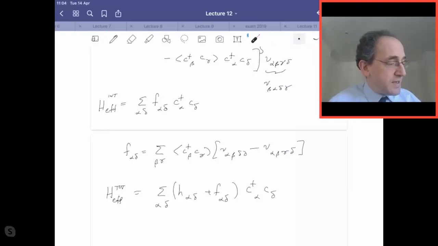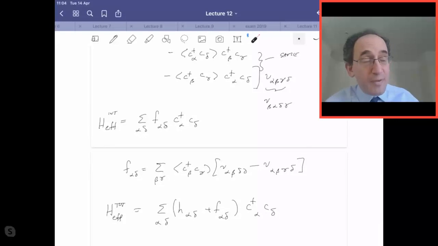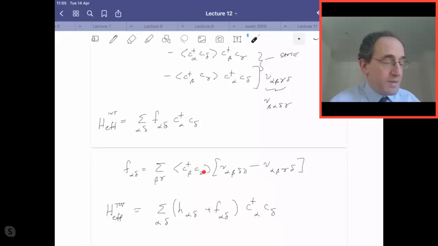So this is the part that I had, just the regular one-body term, and this is the effective one-body term that we get by averaging two of the operators in the 4 fermion interaction. So these things end up giving me a scalar.